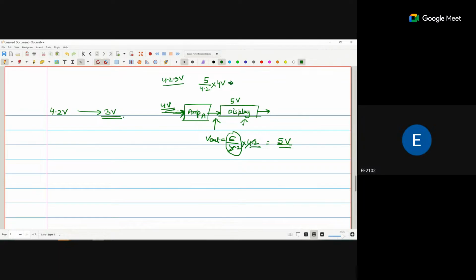So we are getting a Vout that is less than 5 volts. In that situation, what will happen? My display will not work. So in that scenario, I have to set my amplifier gain simply as 5 divided by the minimum voltage.